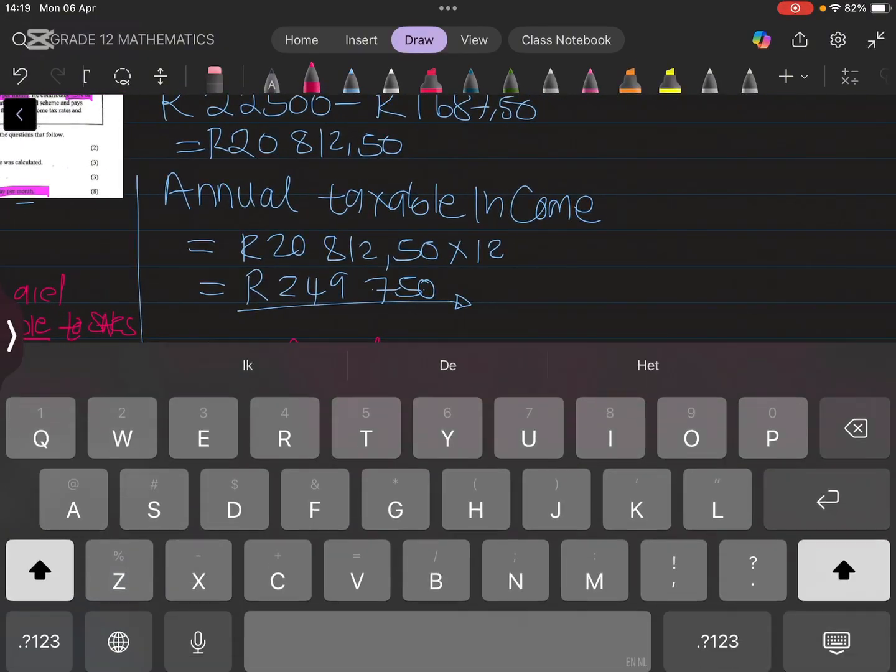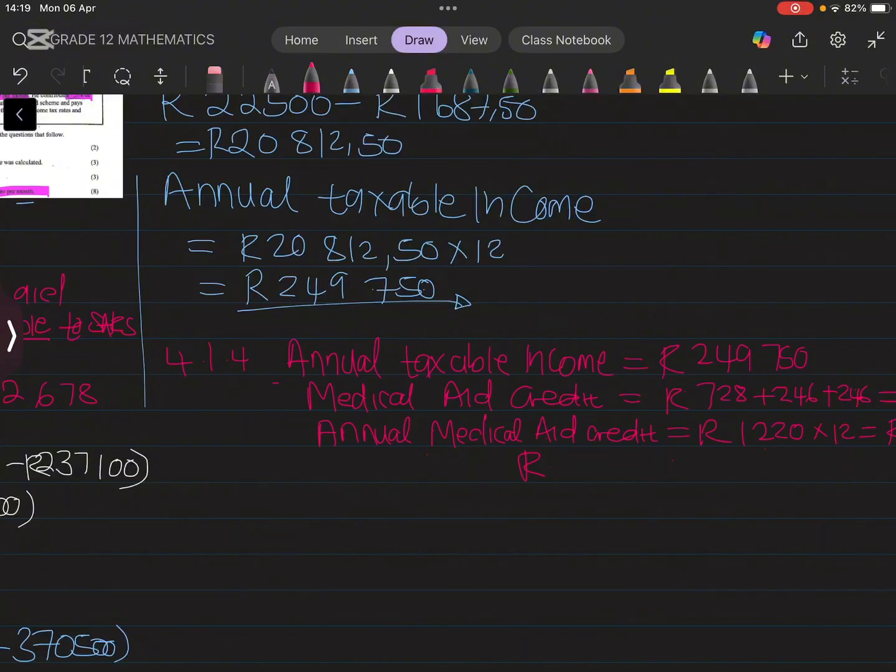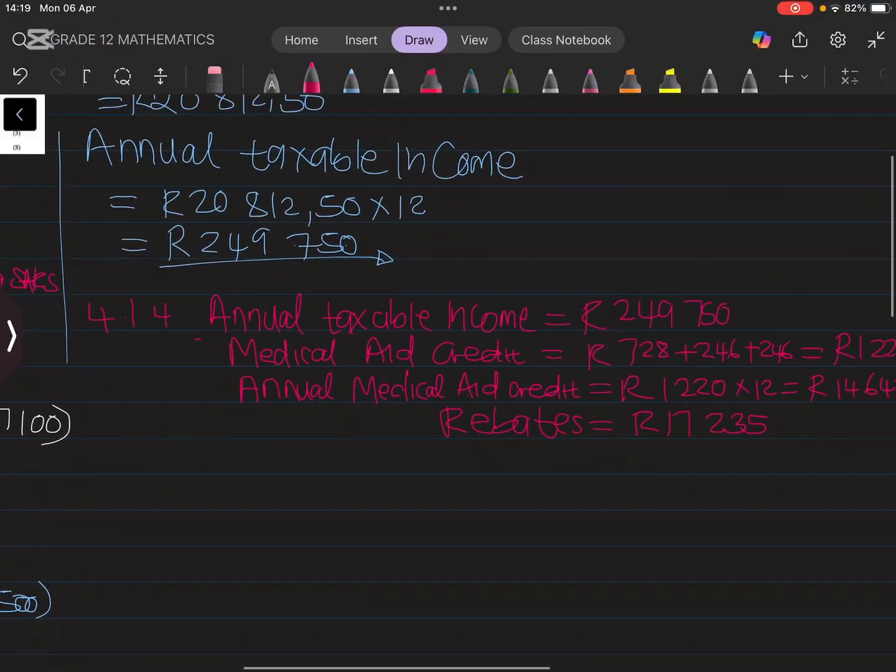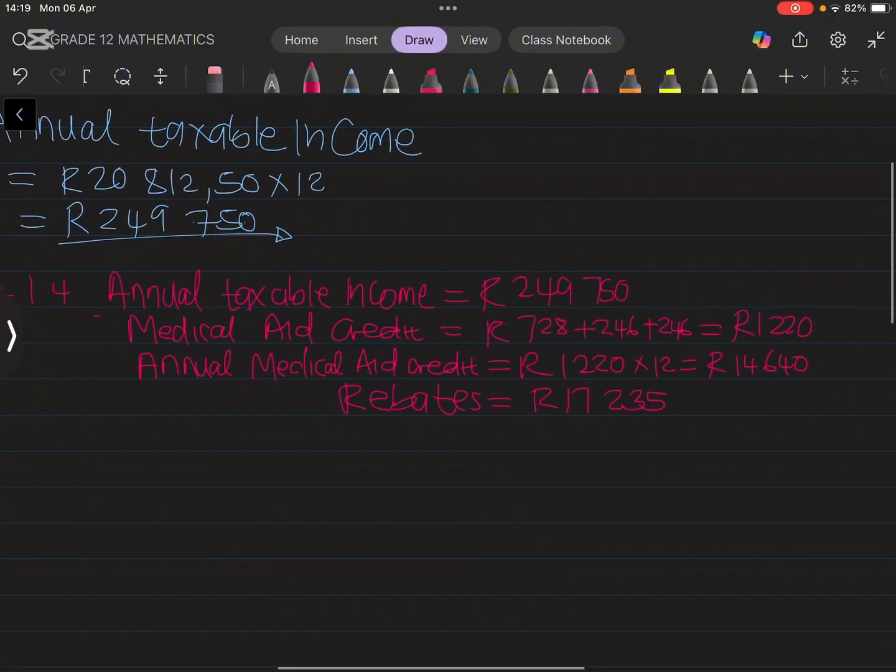So we have rebates of 17,235. Those are rebates.